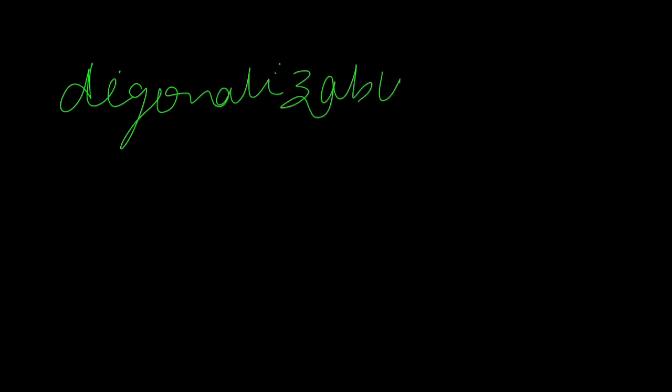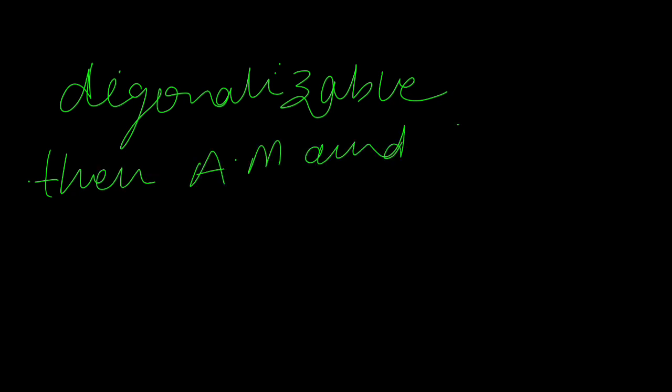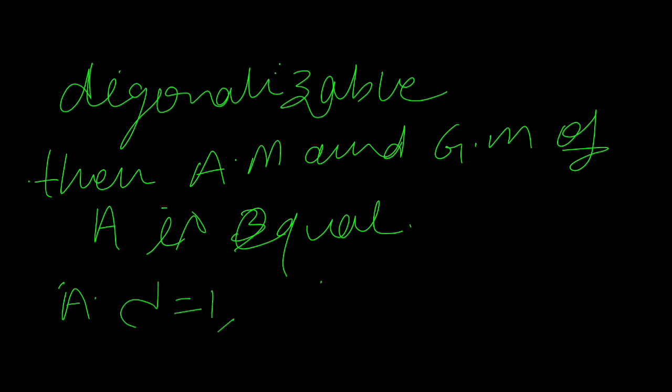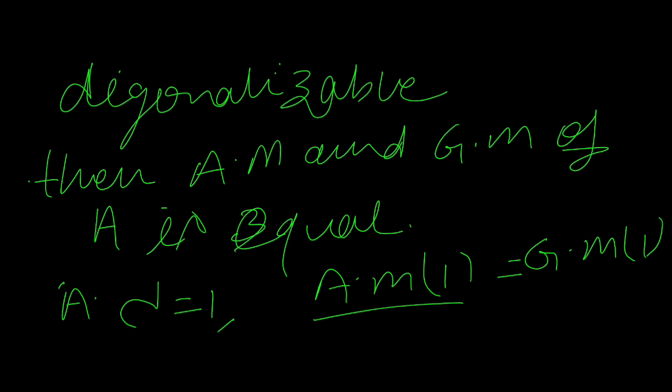Then the AM and GM of A are equal. Now for the largest eigenvalue, lambda equal to 1, the AM and GM are 1. AM is the algebraic multiplicity, meaning how many times the eigenvalue is repeated. The largest eigenvalue lambda equal to 1 is repeated one time, and GM is also 1.